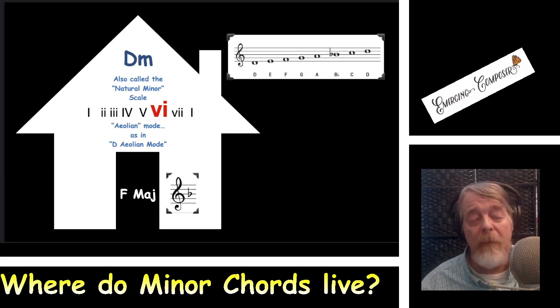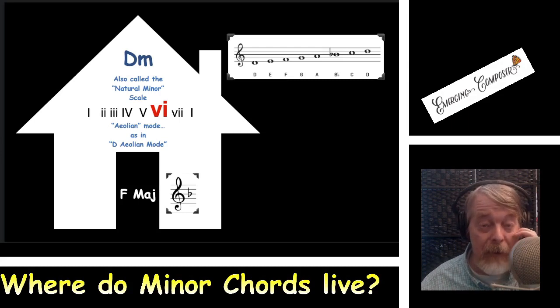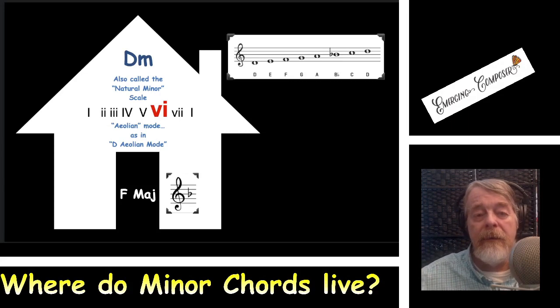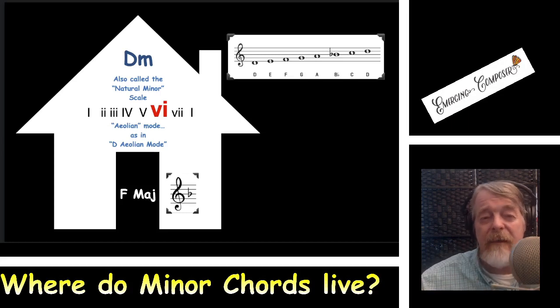If you followed my lessons on the chordal scale, you'll find that in every key, there's 7 chords. If I was using the key of C, for example, it's a C something chord, a D something chord, E something chord, F something chord. Every note of that C major scale is also the name of a chord.